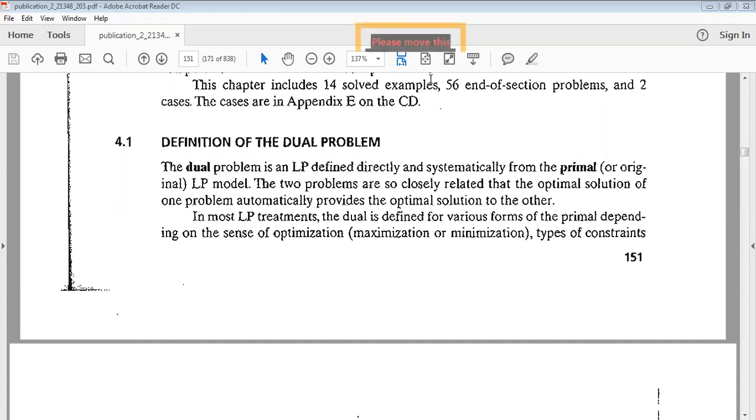In the examination, you will be given a particular problem, a linear programming problem by the simplex method. After that, you will be asked to write the dual of the problem, and thereby you will be asked to solve the particular problem. Find the feasible solution for the dual problem.